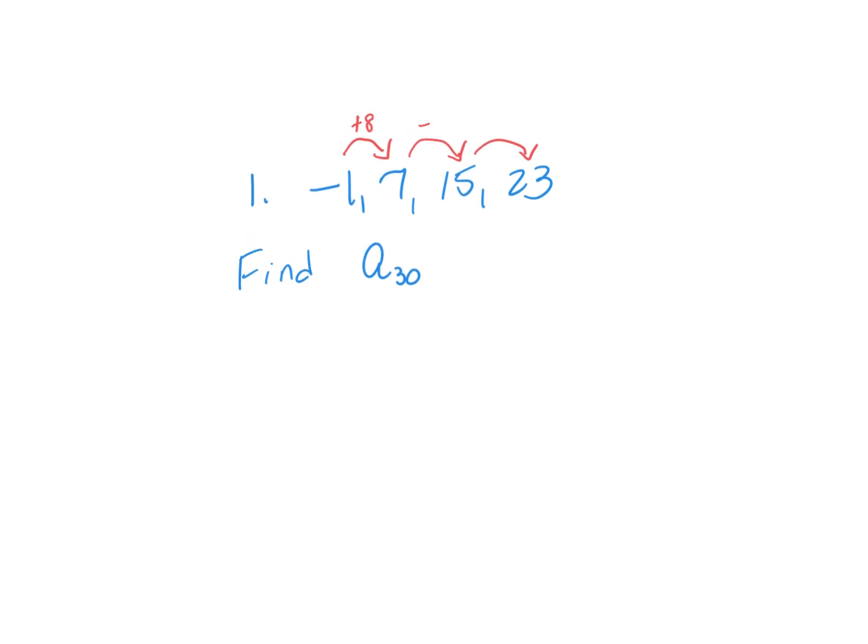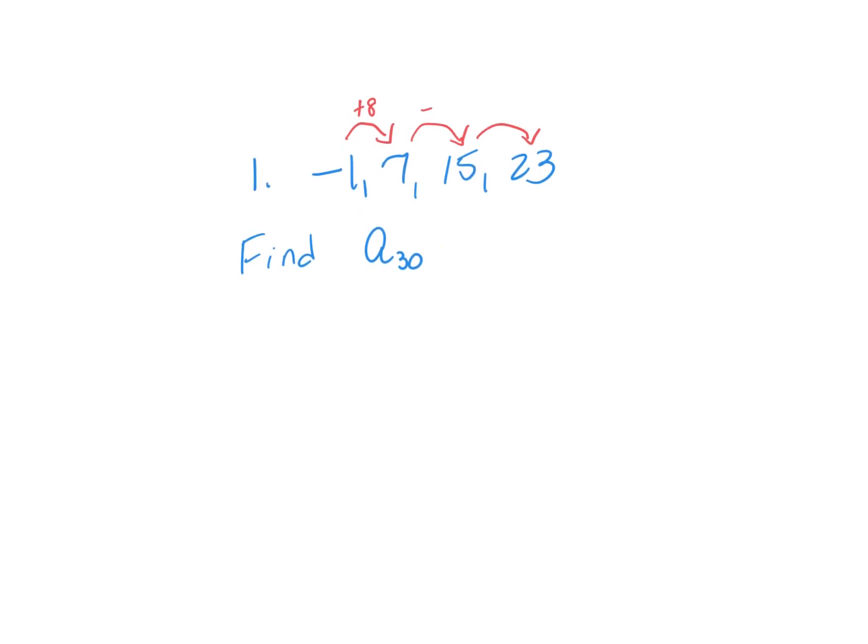So we're adding 8 here and adding 8 here. That number that we add each time is the distance between the terms, right? That's how much is between. So that is your D. D is 8 in this problem.